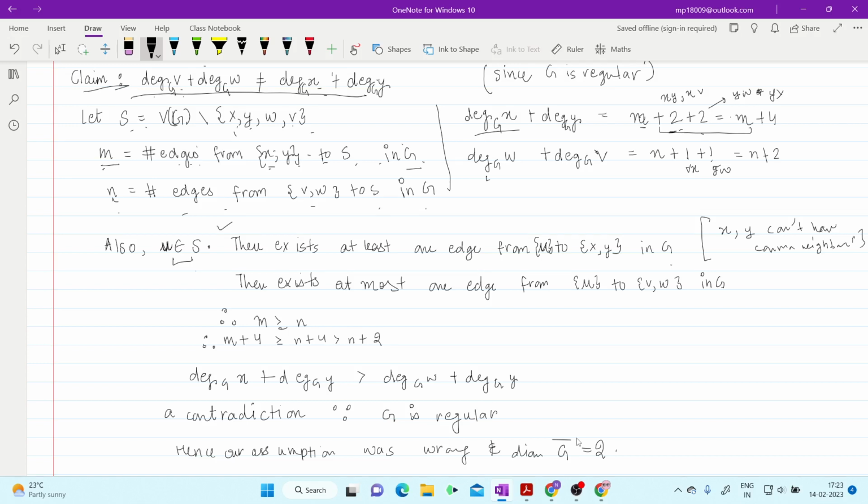Therefore, if we pick any vertex, it has to be connected to either X or Y. And the other thing to be noticed is that there exists at most one edge from U to VW in G, and this is because V and W can't have a common neighbor in G bar.